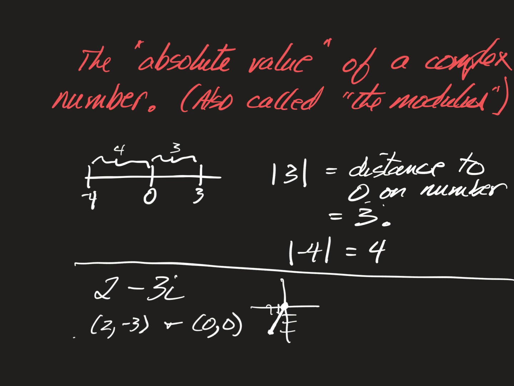Well, if I call that distance d, then I can use the distance formula to find the absolute value of 2 minus 3i. An important part of that is that when I do the distance formula, you'll see I'm just subtracting 0 in each case.